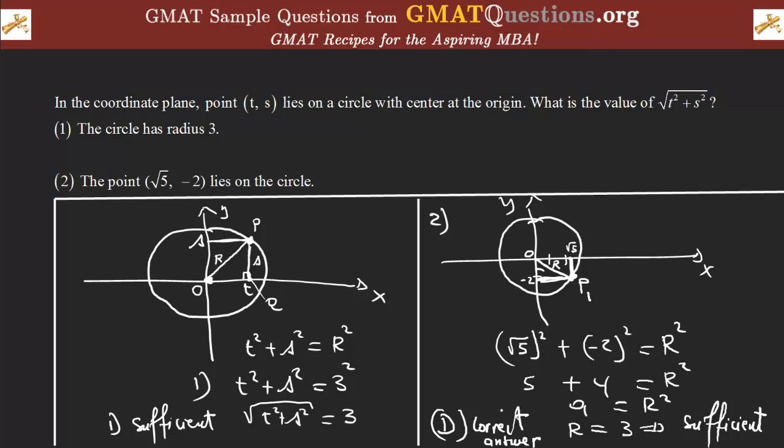And then we're able to use the Pythagorean theorem again to find the radius of the circle and to find the value of root t squared plus s squared, which is exactly the radius of the circle, as you can see here.